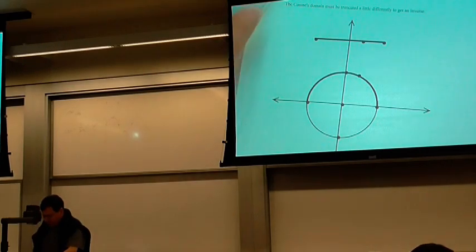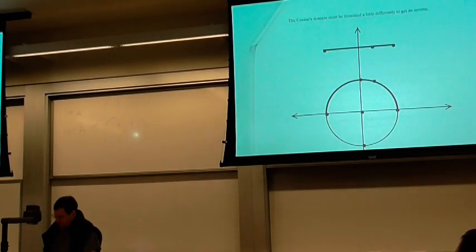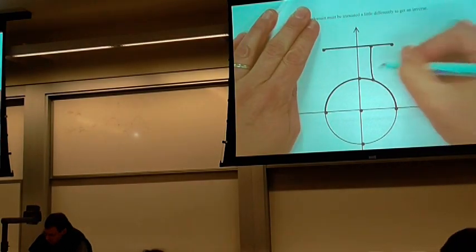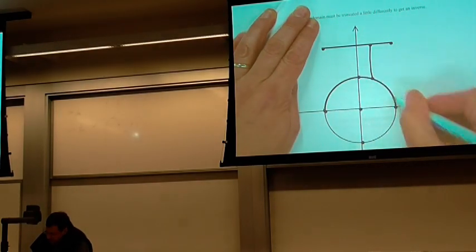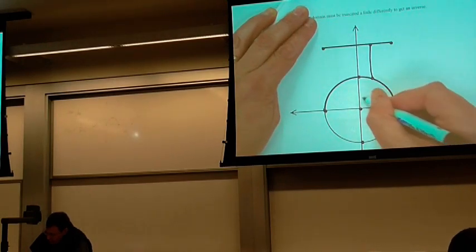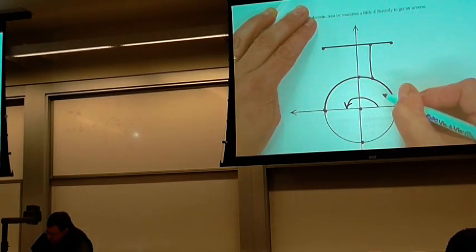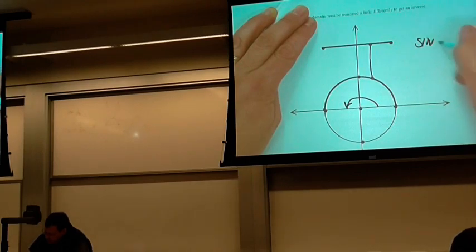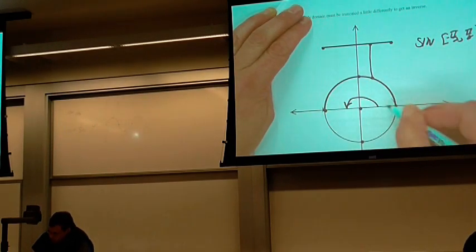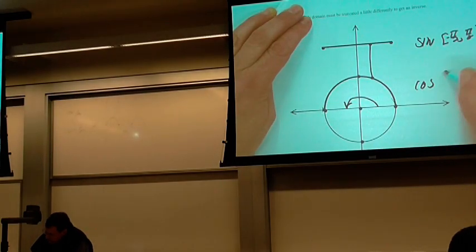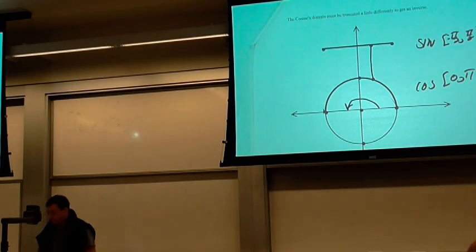Okay, so this is the related diagram for the cosine, the inverse cosine. The cosine, of course, is the x-coordinate going around the circle. And this is how we truncate the domain of the cosine. For the sine, it's between minus pi over 2 and pi over 2. For the cosine, we're going to truncate it between 0 and pi, so we can get an inverse.